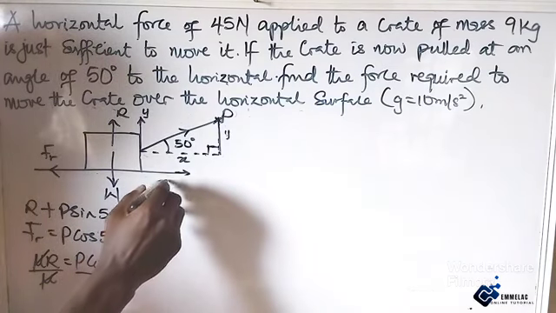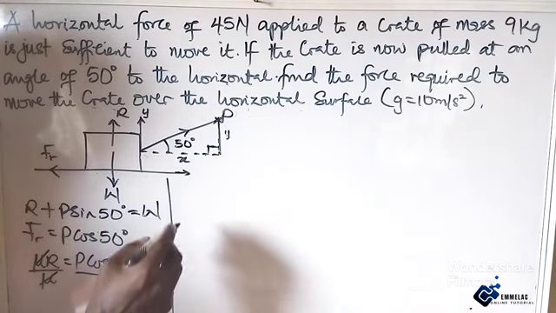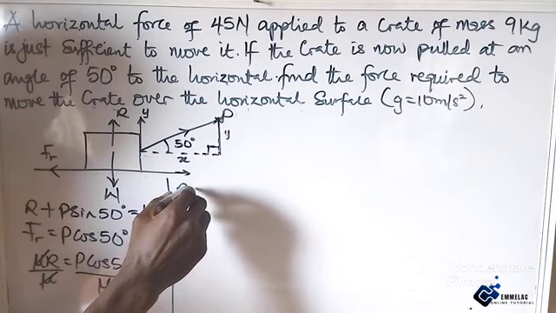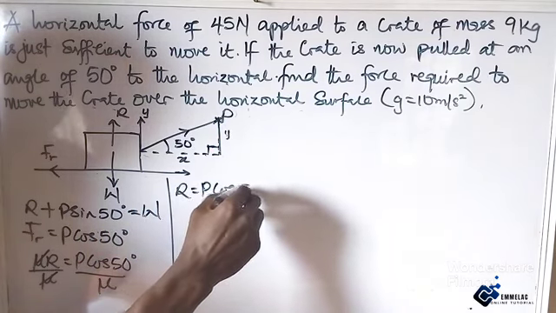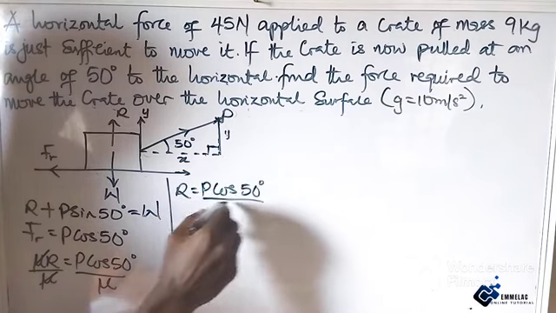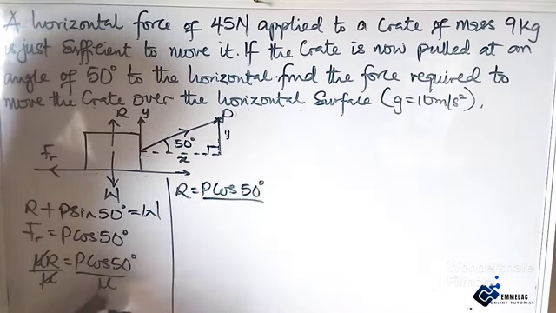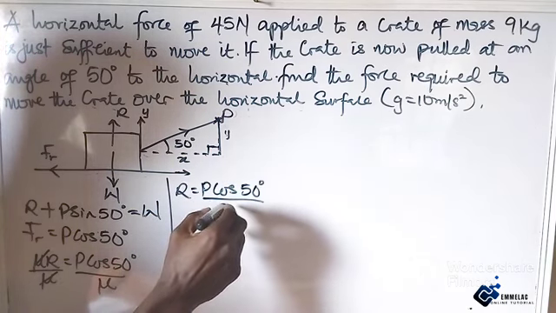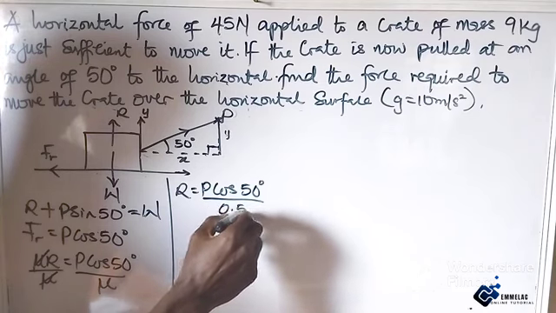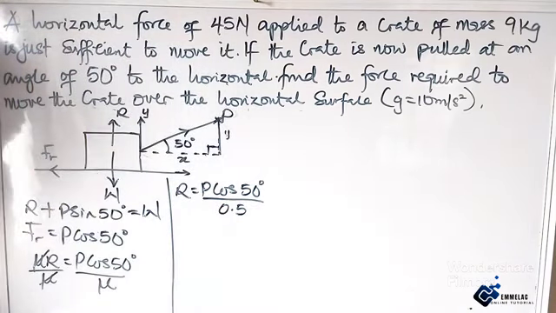So we can now say that R equals P cos 50 degrees over the coefficient of static friction, and we solve the coefficient of static friction to be 0.5.